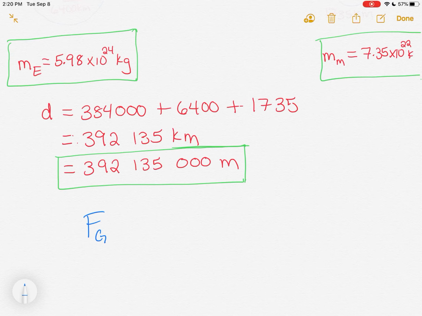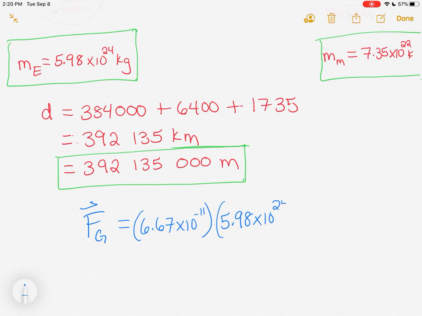So for the gravitational force between the Earth and the Moon, we have our gravitational constant, 6.67 times 10 to the negative 11. Mass 1 we said was the Earth, 5.98 times 10 to the 24. It doesn't matter which object you pick as object 1 and object 2. It will make no difference since we're multiplying. The mass of the Moon, 7.35 times 10 to the 22.